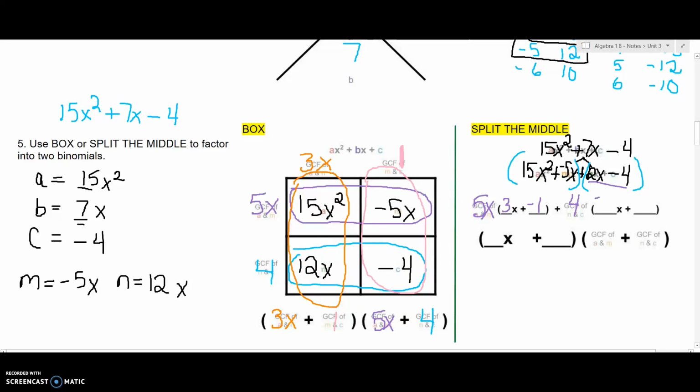And when I pull out a 4, I get 3x minus 1. We see that my parentheses are the exact same. So I take those down and pull out a GCF again, so I get 3x minus 1. And then what's left over on the outside? 5x plus 4. So I ended up with the same answer, 3x minus 1 and 5x plus 4.